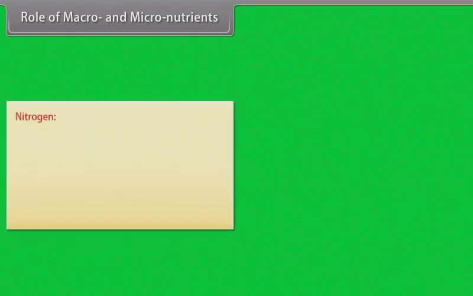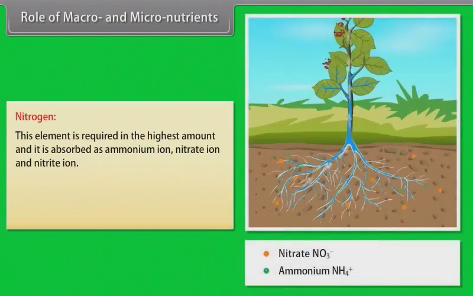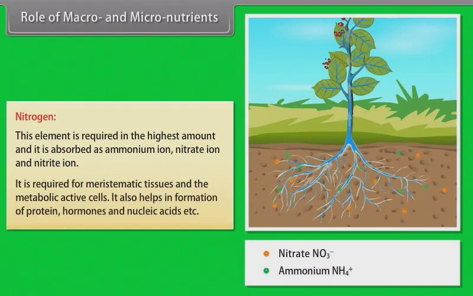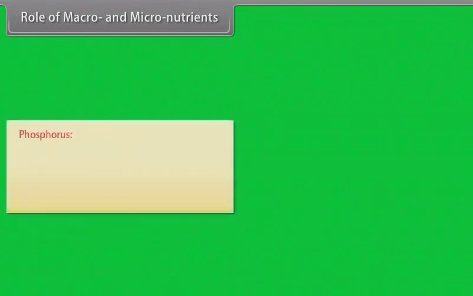Role of macro and micronutrients. Nitrogen. This element is required in the highest amount and it is absorbed as ammonium ion, nitrate ion and nitrite ion. It is required for meristematic tissues and the metabolically active cells. It also helps in formation of proteins, hormones and nucleic acids, etc. Phosphorus.